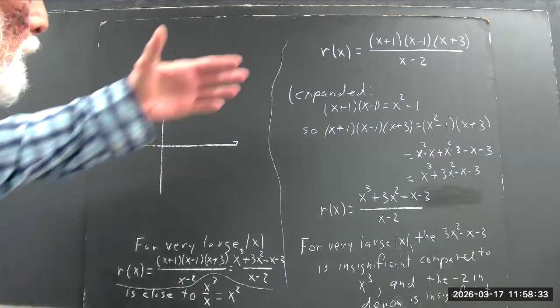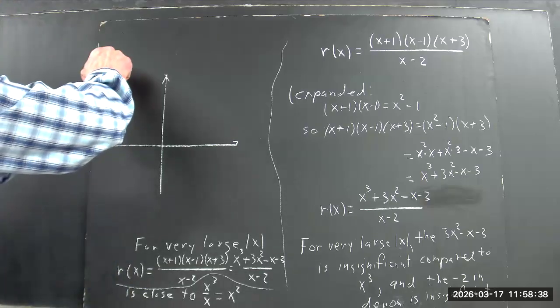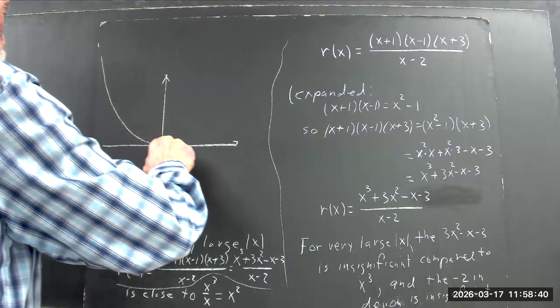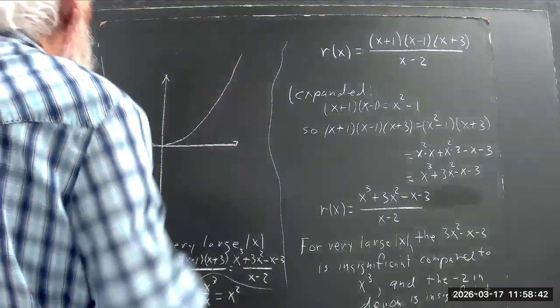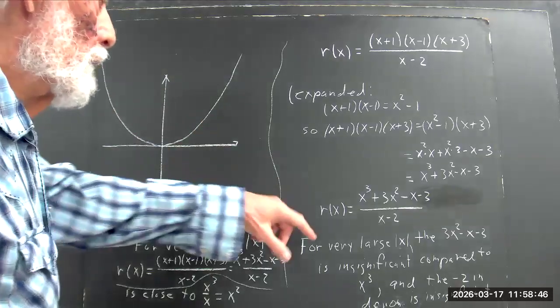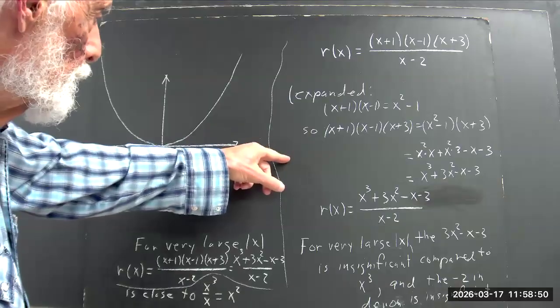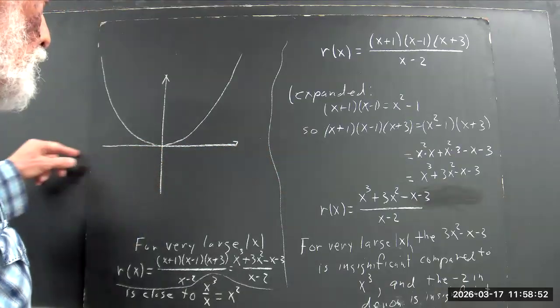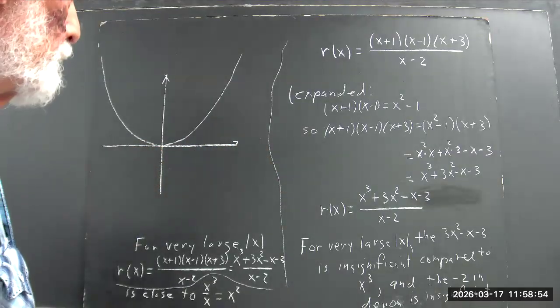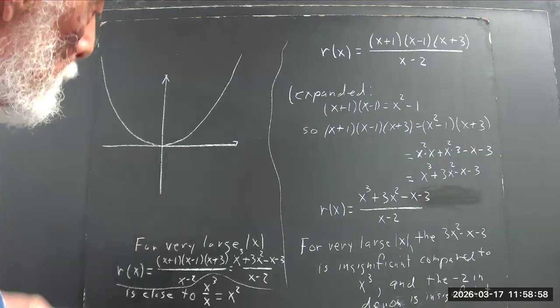So now, in looking at this function, we see that it behaves a whole lot like the x squared function if we're far away from the origin, if x is very large, which means we're far off to the right or far off to the left. However, there's more to it.